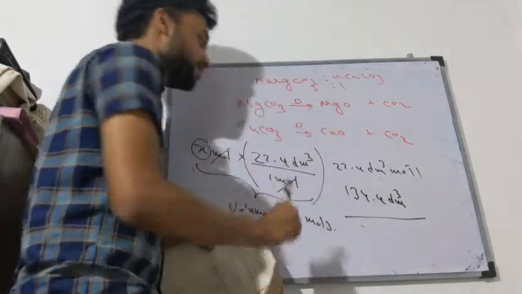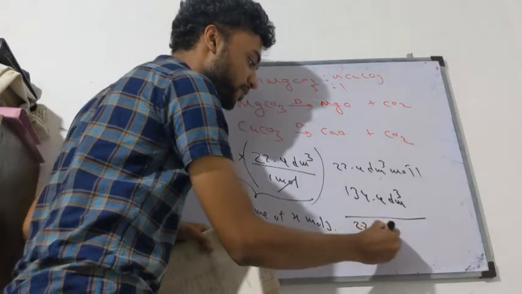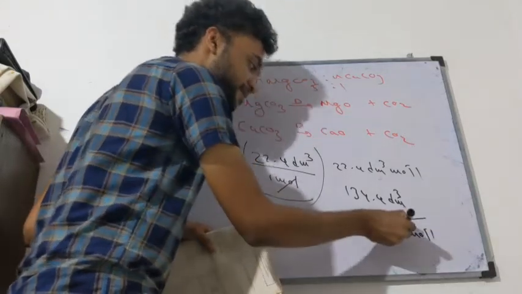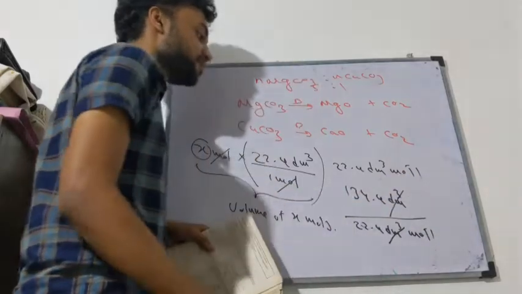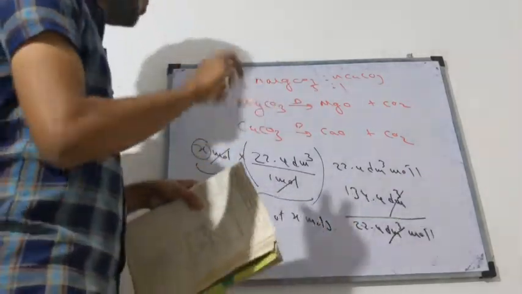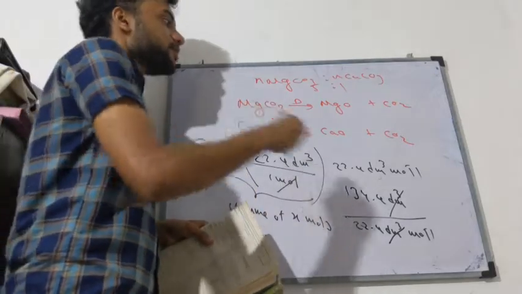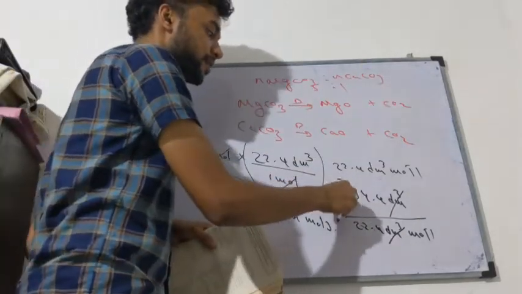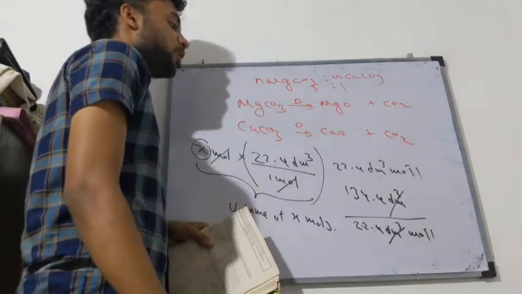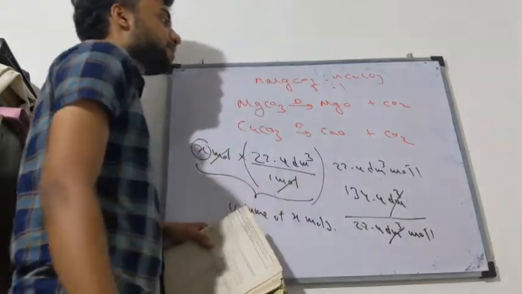If I divide this by 22.4 decimeter cube per mole, what will happen? Decimeter cube cancels, and I get mole. Then I get the moles of carbon dioxide. If I divide 134.4 by 22.4, I get the moles of carbon dioxide.